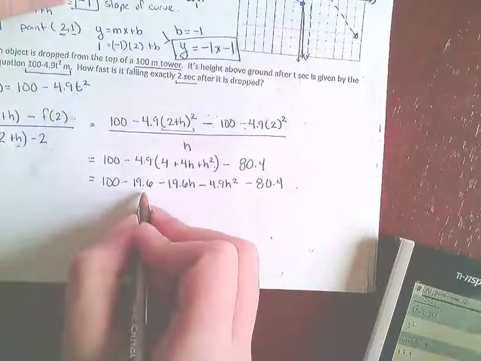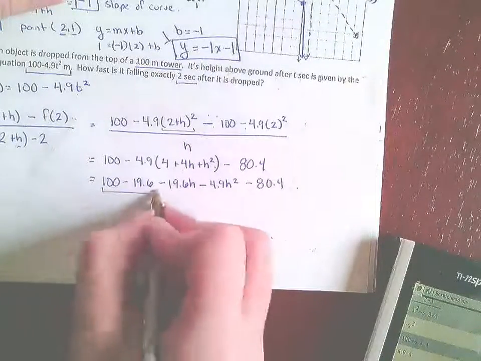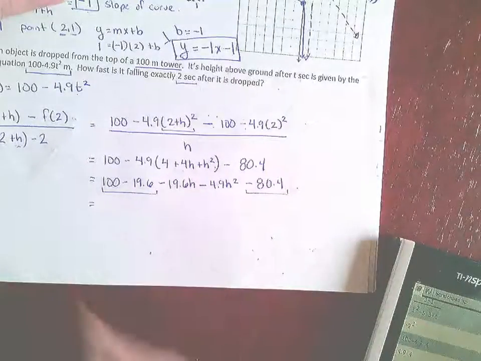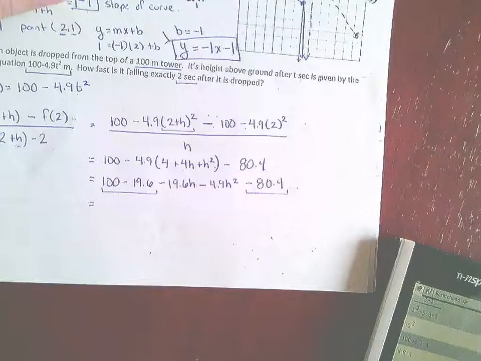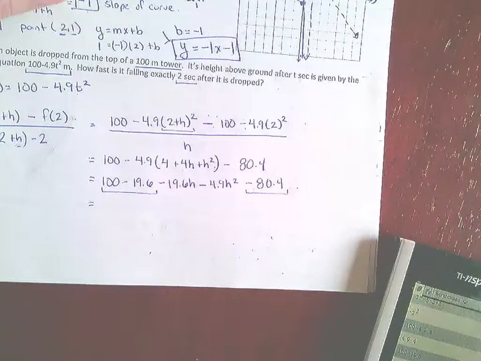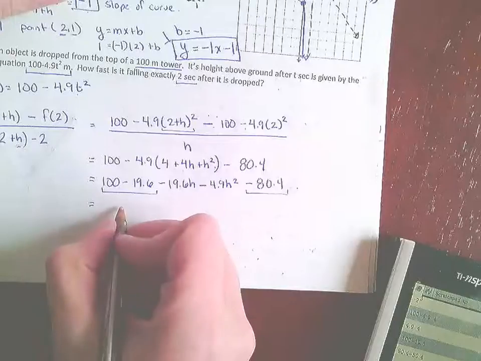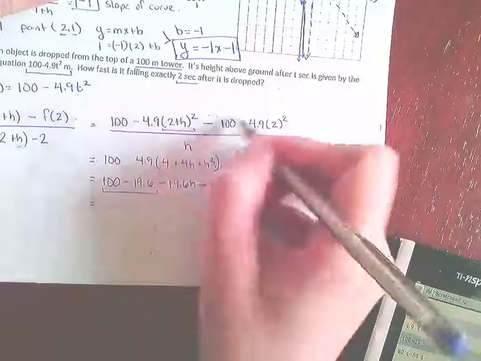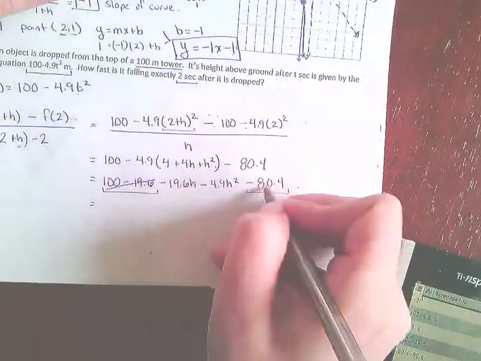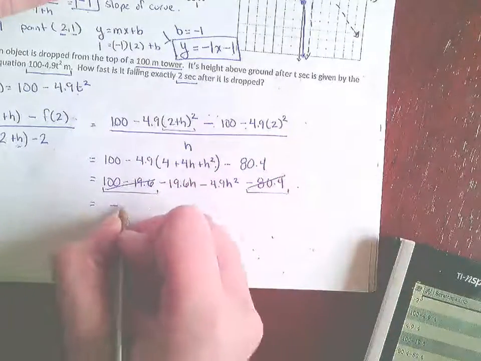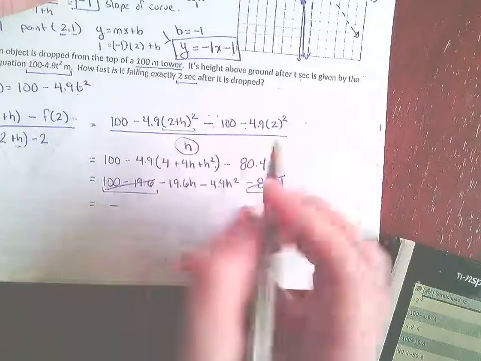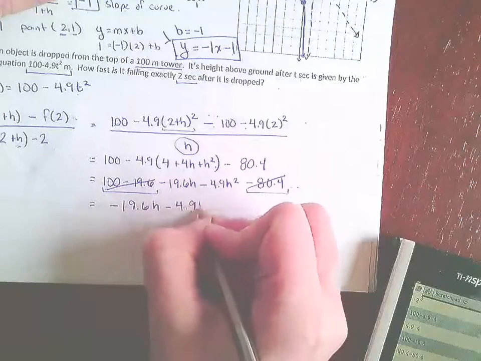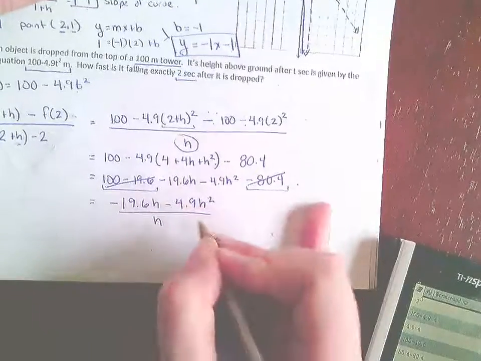All right, so here, let's clean up all of the numbers. So 100 minus 19.6 minus 80.4 is, of course, 0, which I could have seen from over here. I could have canceled those hundreds out, but it's okay. So we're left with, and I kept on forgetting this h down here, don't do that, negative 19.6h minus 4.9h squared, all of that over h.